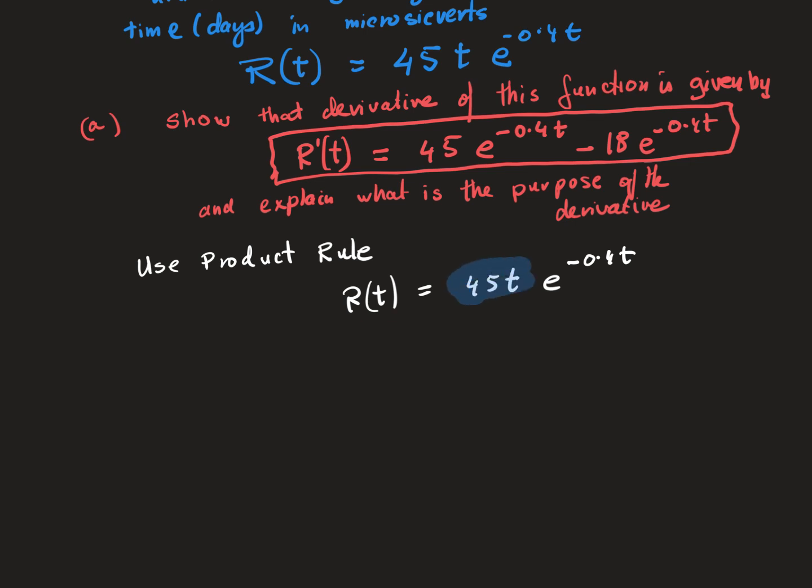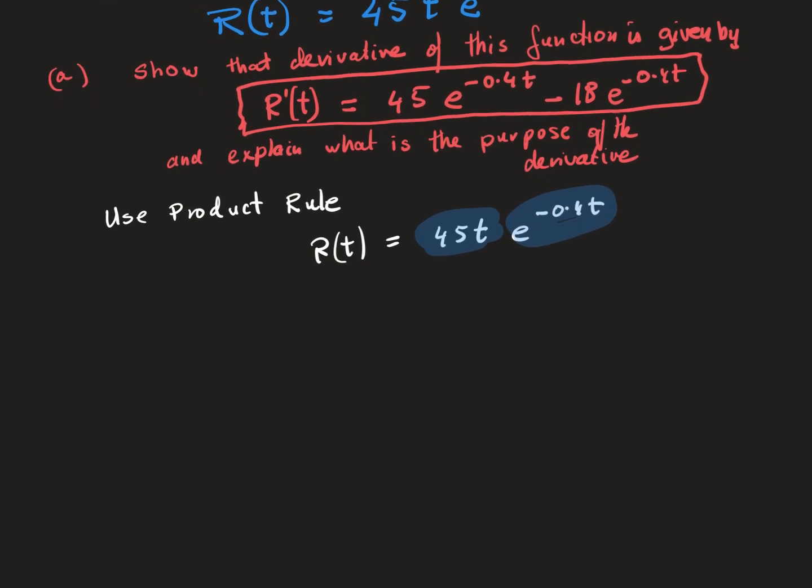We've got this and we've got this. So what we're going to do is the usual thing, and we're going to say that u, therefore, is 45t, and u dash is equal to 45.